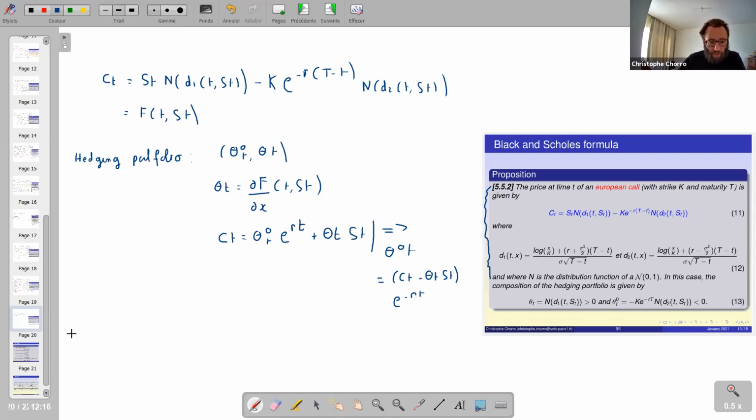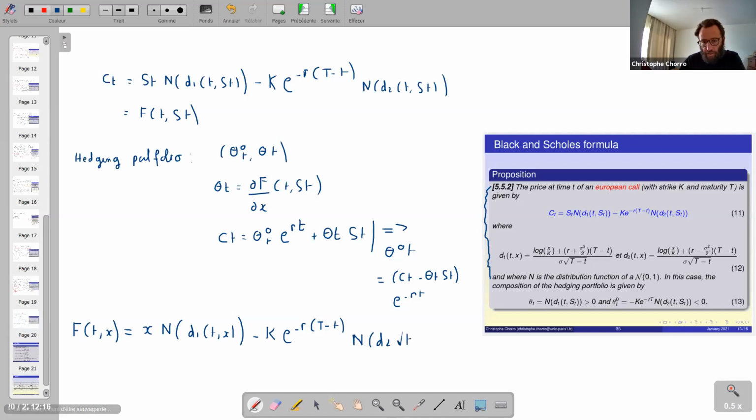So here I have f of t, x that is equal to x N(d1 of t, x) minus K exponential minus r (capital T minus t) N(d2 of t, x).